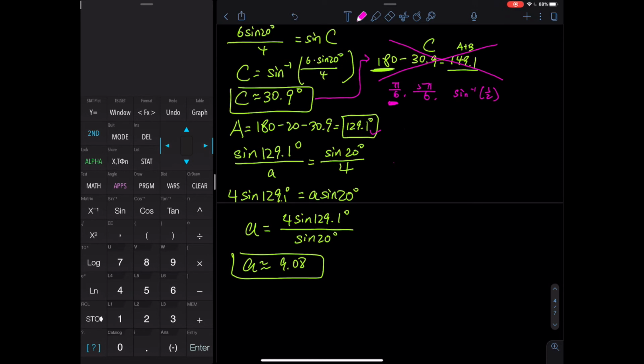All you have to do is take 180 degrees minus pi over 6, then you get 5 pi over 6. This 180 minus 30.9 is not equal to the sum of A plus B. I take 180 minus 30.9 to get the other possible answer of angle C. So this equals 149.1. So that is a possible answer for angle C.